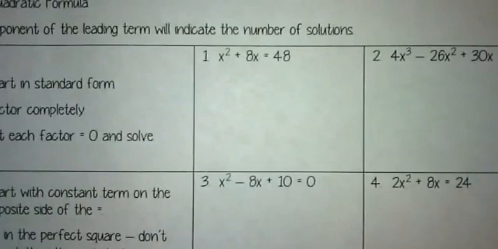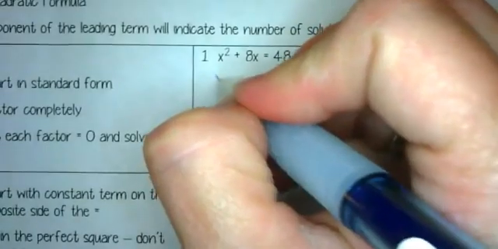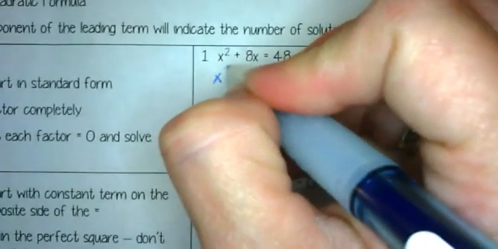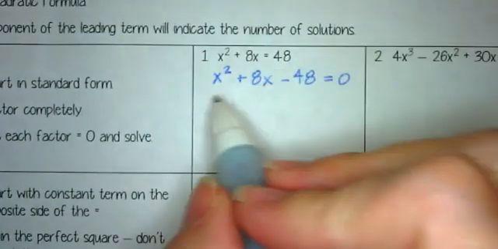All right, very good. So first thing we need to do is get this equal to 0. So I need to bring the 48 over here. So we have x squared plus 8x minus 48 equals 0. So this is a trinomial. There's no GCF. So we need to break this into two sets of parentheses.